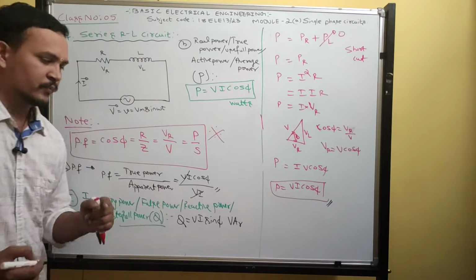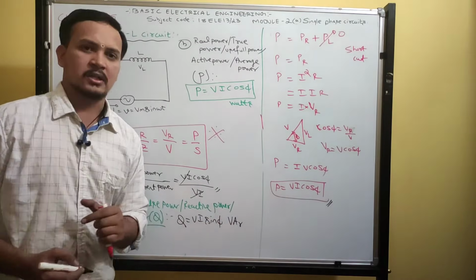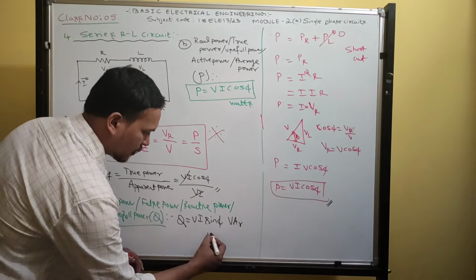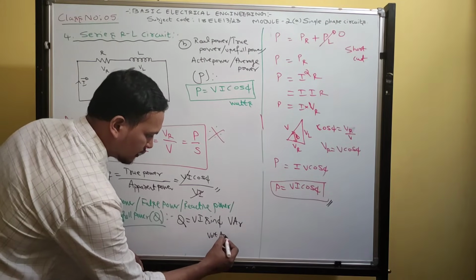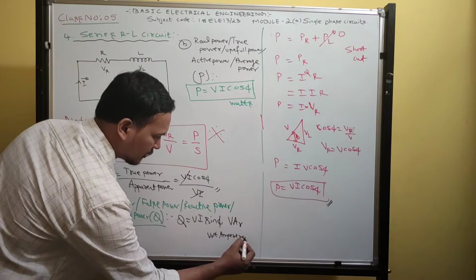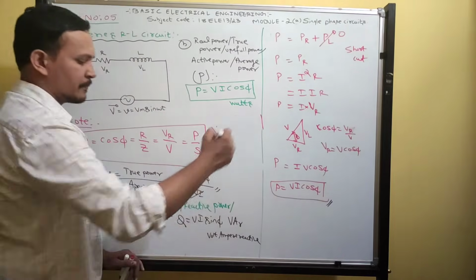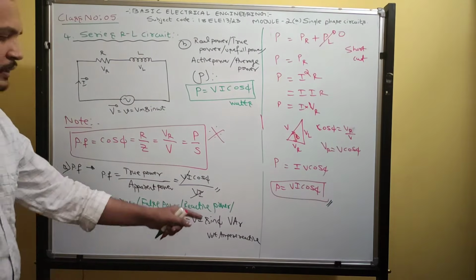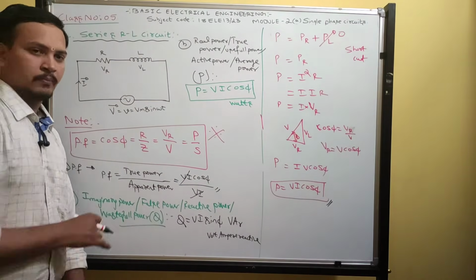Write a small r. Volt ampere reactive. That is the way to read the SI unit of reactive power.